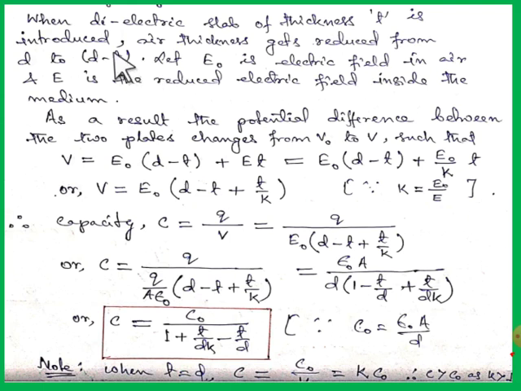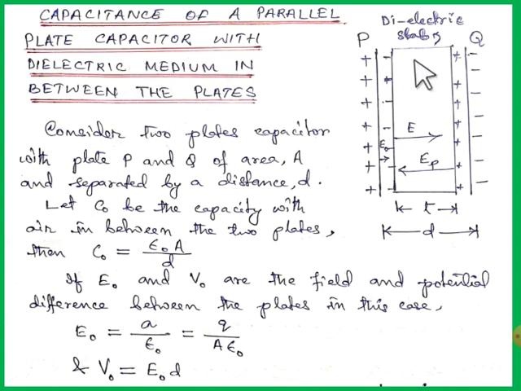Then let's see what happens when a dielectric slab of thickness D is introduced between the plates. The electric field which was there, E naught, reduces. This E naught reduces because of the polarization. Polarization means development of opposite charges, okay.